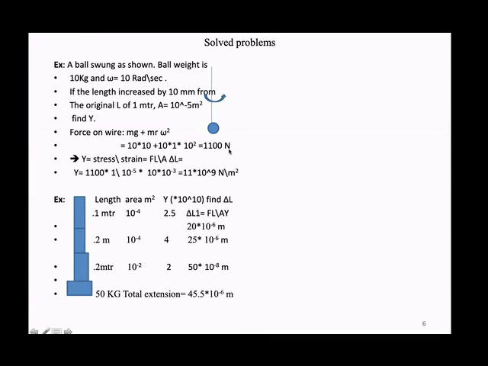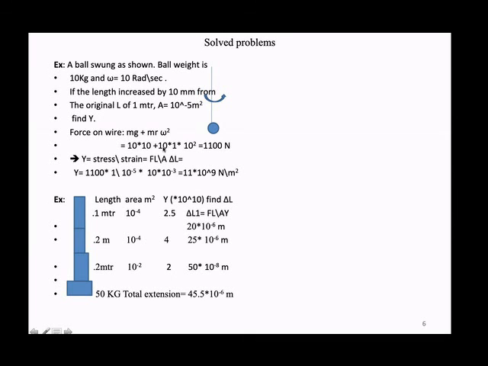Now let us see some problems. Suppose this ball is swinging from the top. The ball weight is 10 kg and it is moving with 10 radians per second. So 10 kg will give a load of 10 into 10, 100 newtons. The 10 radians will give m r omega square, which is a centrifugal force also.